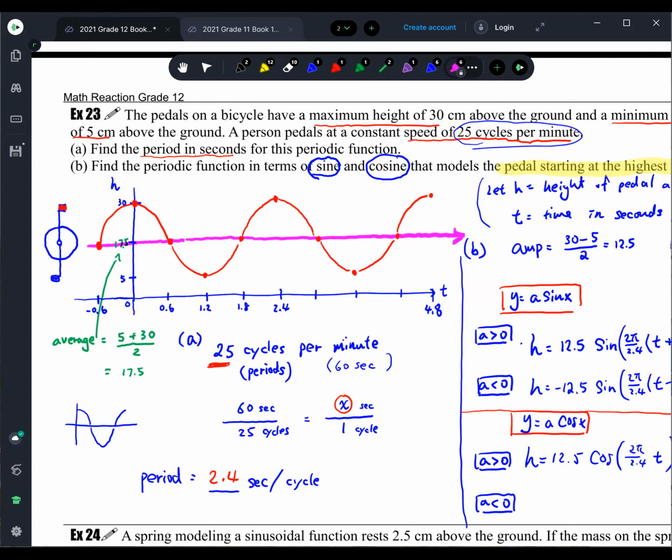Okay, cosine with the reflection, we'll put it there.